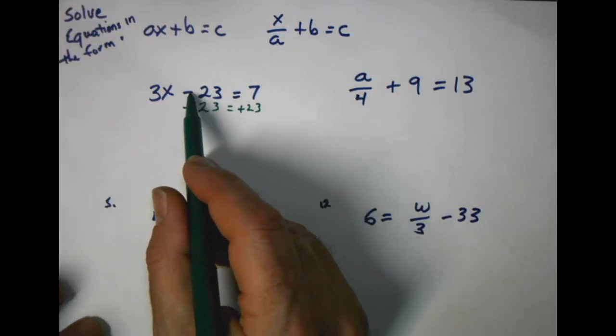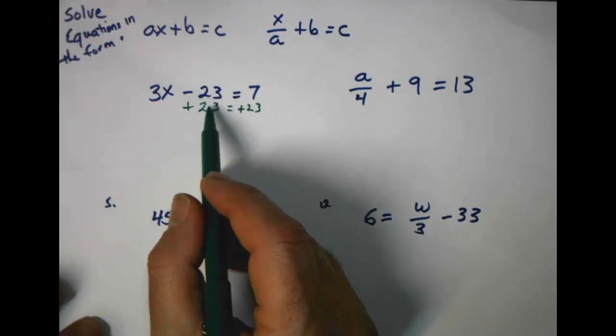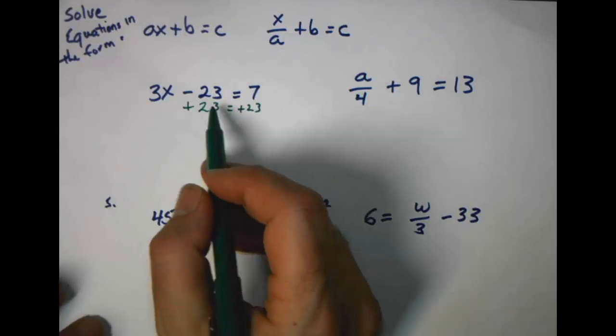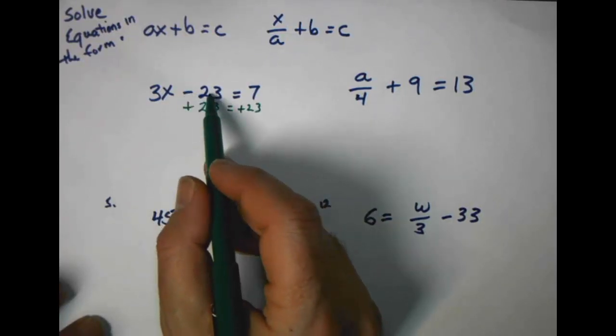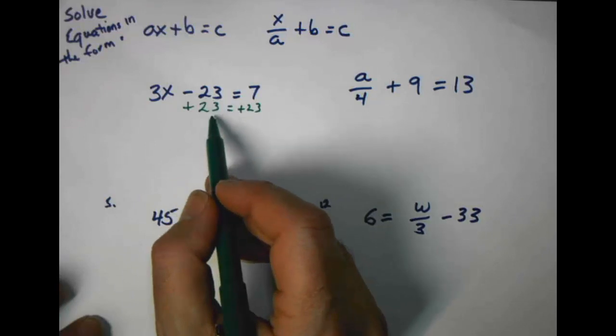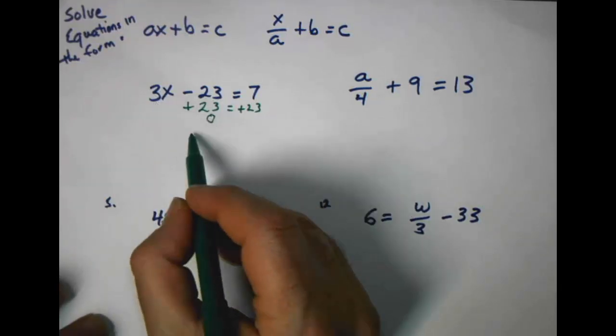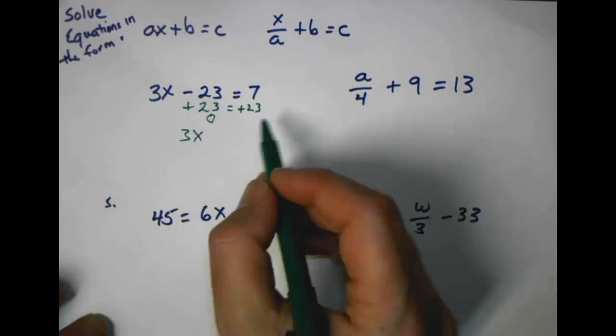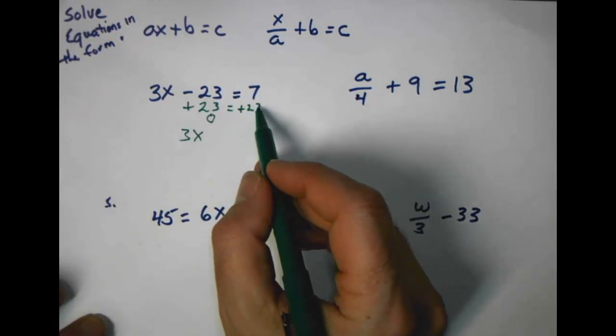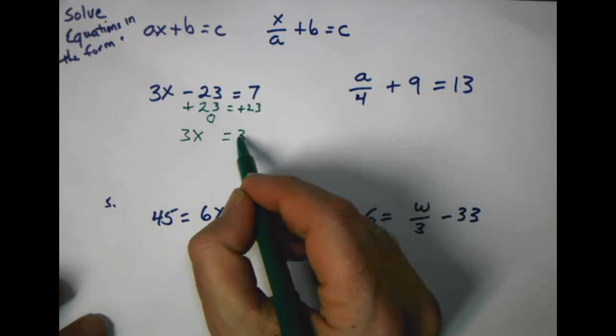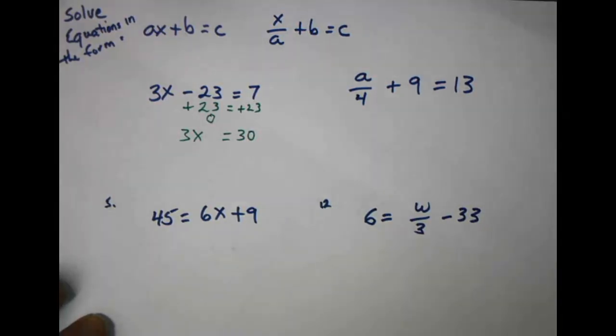We have a negative 23 and we add 23. Think in terms of money: if you owe 23 and you pay 23 back, you've got nothing, so those cancel out. We still have 3x, and then 7 plus 23 gives us 30. So there's our first step of the problem.